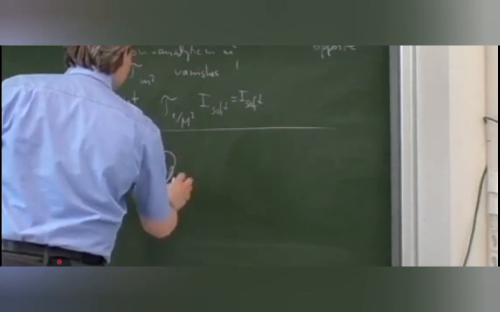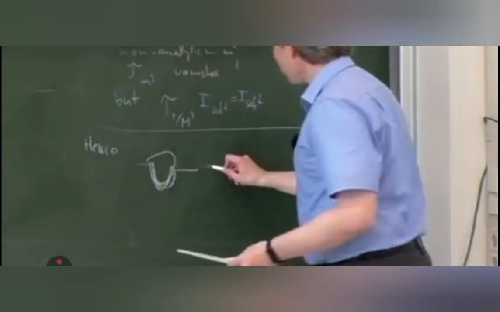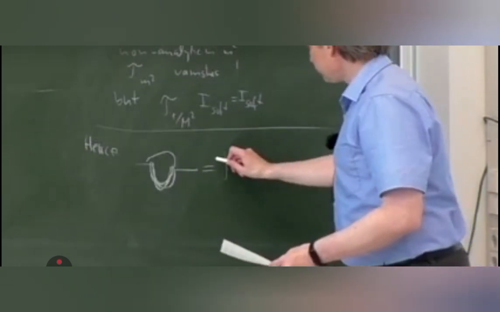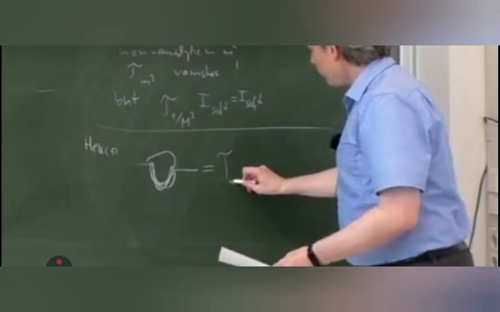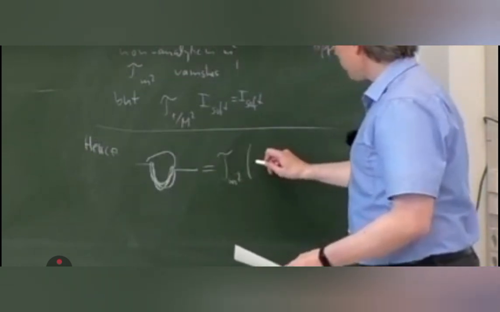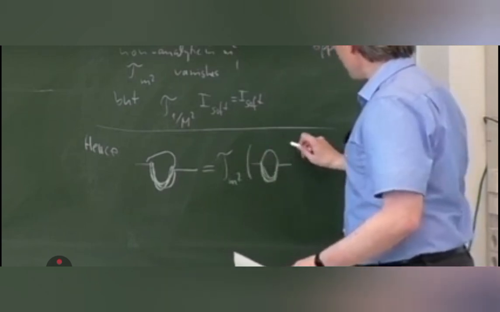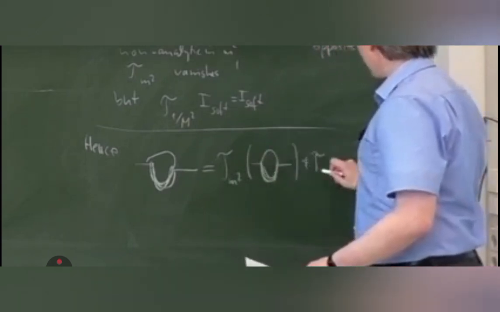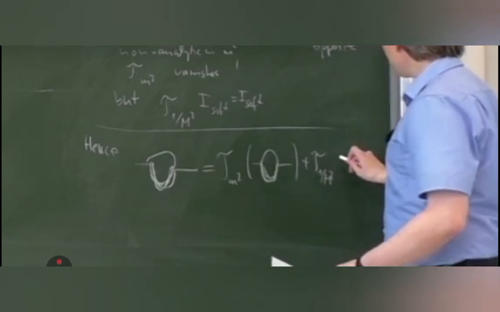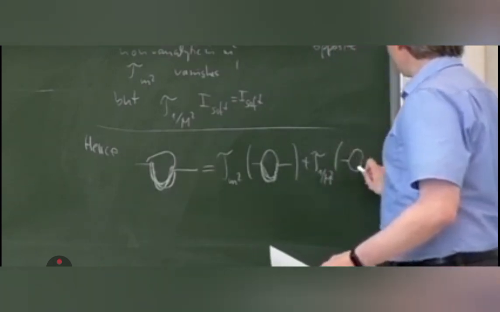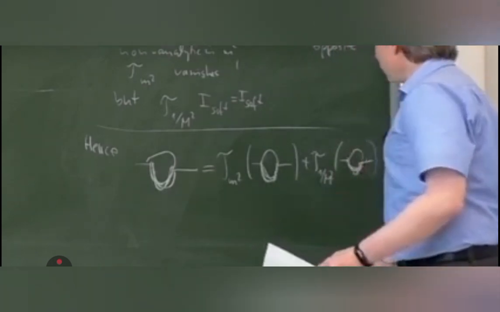Namely, we take the fundamental integral that we are interested in, and we can write it as the Taylor operator with respect to the small mass of itself plus the Taylor operator with respect to the large mass of itself.